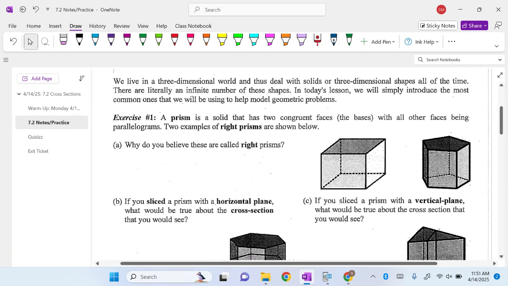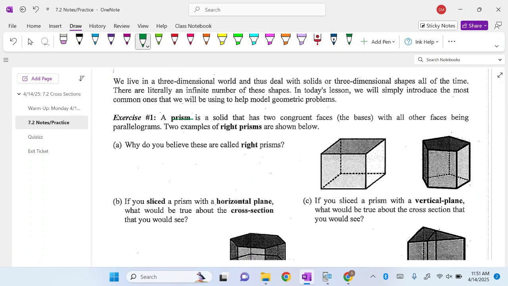So a prism is a solid that has 2 congruent faces, which are known as the bases. So basically, the congruent faces are the shapes that are the same size, same shape that make up the top and bottom of whatever 2D figure you're talking about, with all the other faces being parallelograms.